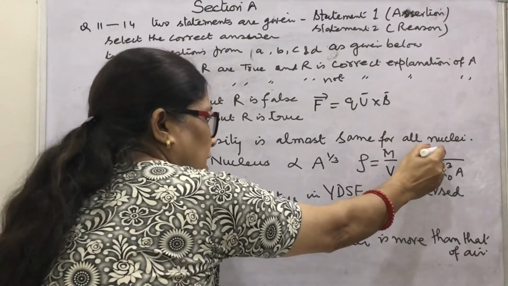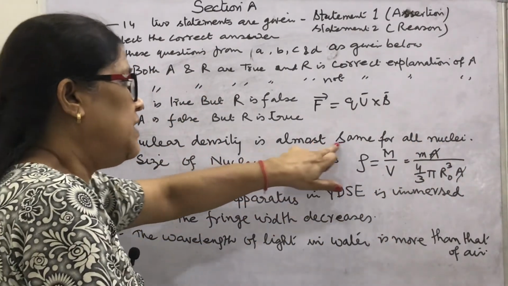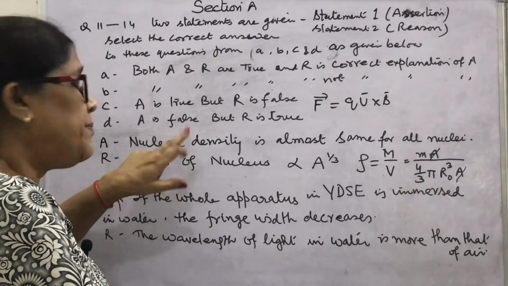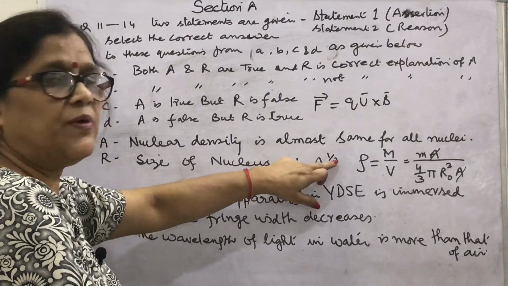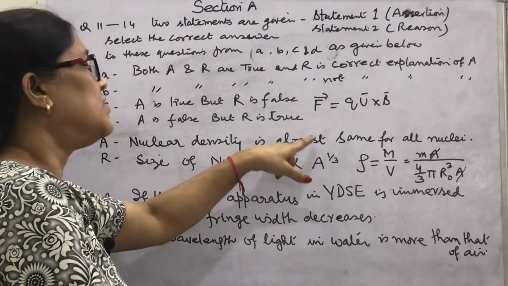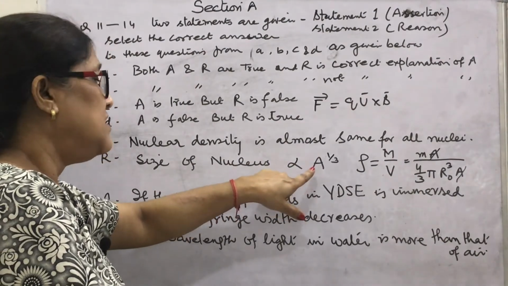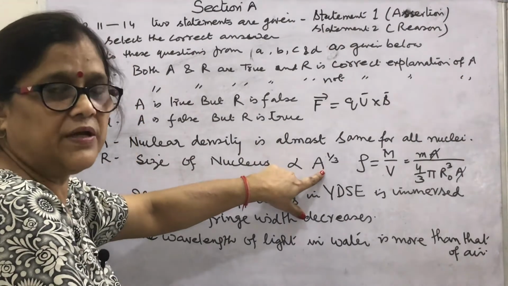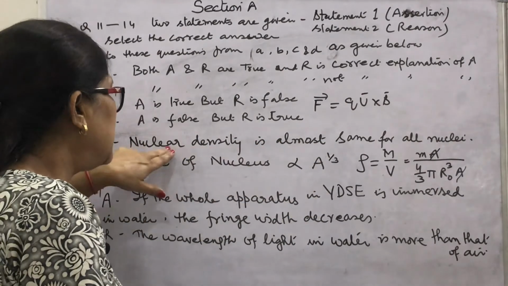Then this A and A are cancelled. So nuclear density is the same for all nuclei because it is independent of A. This assertion part is correct. Size of nucleus is directly proportional to A to the power 1 by 3, the cube root of A. This is not the correct explanation for this assertion.